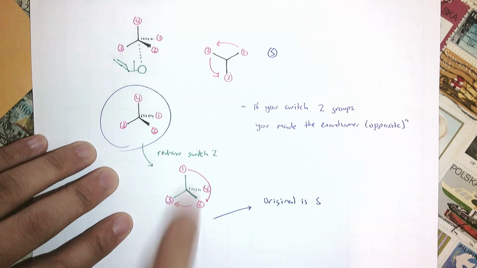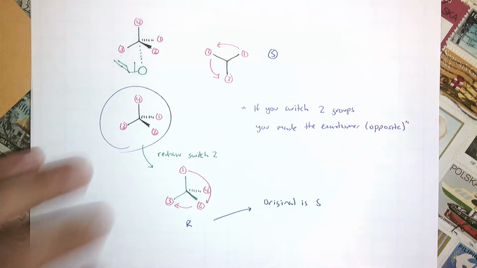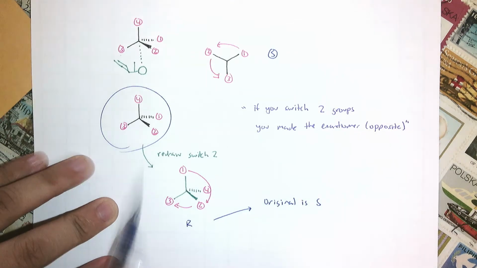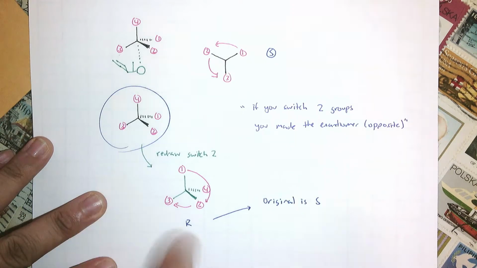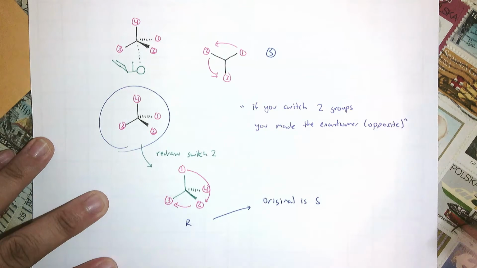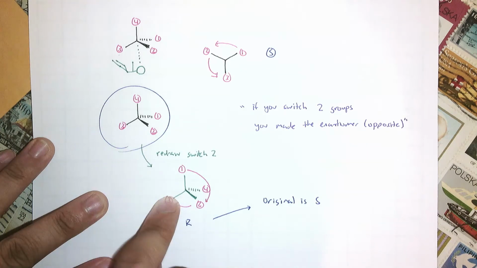But when you switch two groups, you make the opposite. So you could almost say that if you switch 1 and 4 and 2 and 3, and then read the molecule, you will have the actual stereochemistry, so you will get S. But I only did one switch here, right? I only did one switch here.